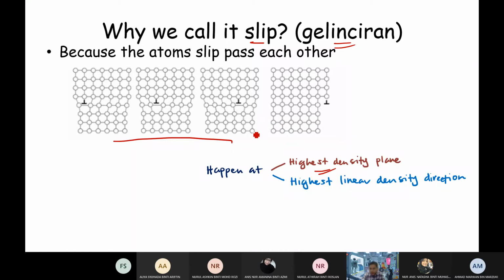Okay, for example, we have a FCC. What is the full name of FCC? Ingat tak?